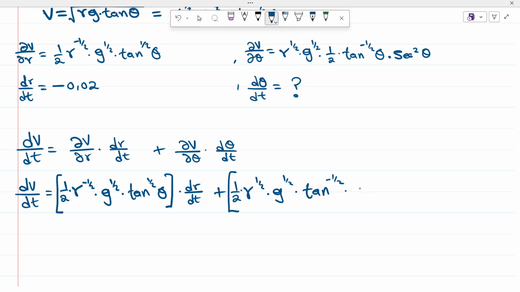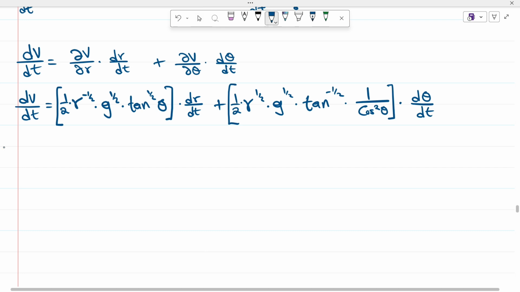Sec squared we can just change to 1/cos squared so that we can substitute our values on the second side. So cos squared of theta, I just changed it into its reciprocal, multiplied by the rate at which theta changes with time.